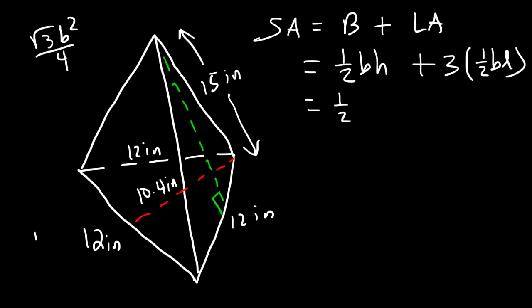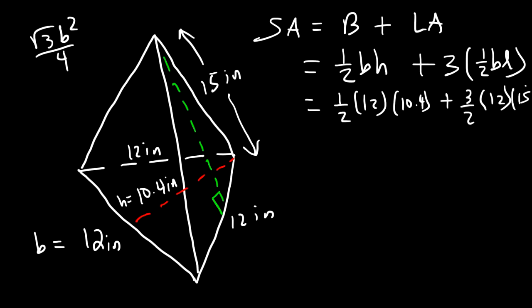Now the base is 12. The height of the triangular base, that's 10.4. L is 15. So now half of 12 is 6, and then 6 times 10.4, that's 62.4.